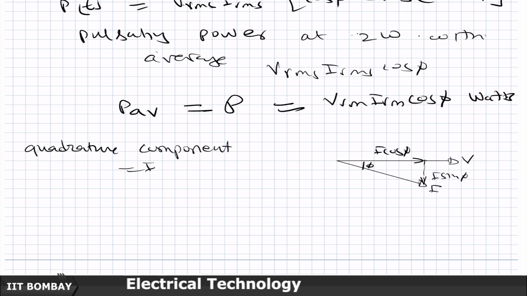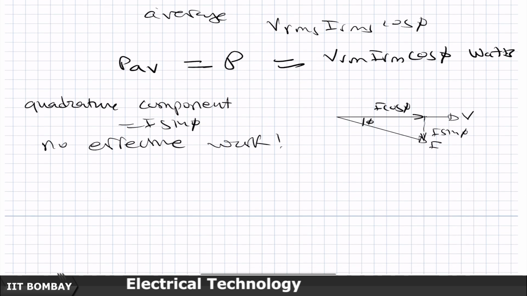From the quadrature component I sin phi, I have not been able to get any effective work done. Why am I not able to get any effective work done? Because this component is actually representative of that double frequency oscillating or pulsating component.